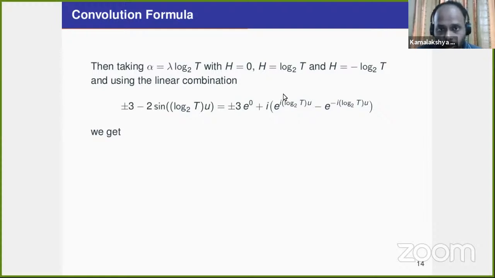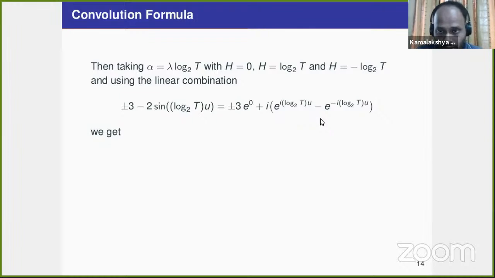So we multiply the equation for the first choice by plus minus 3, and then we multiply by i e power i double log t u for the choice log 2t, or log t, and by minus i for the choice minus double log t.